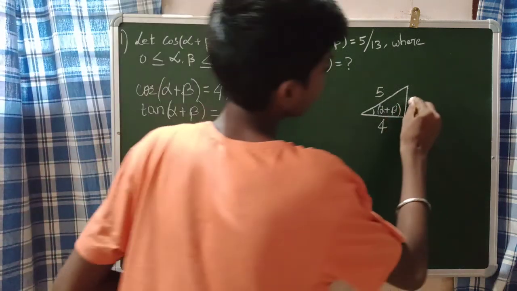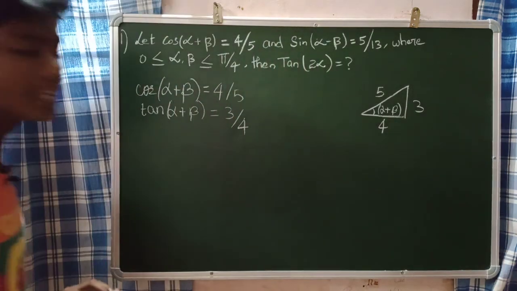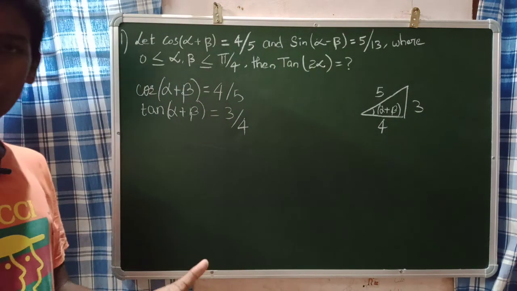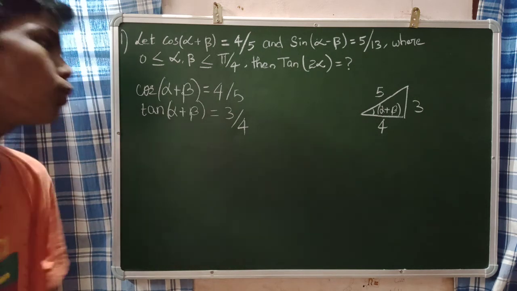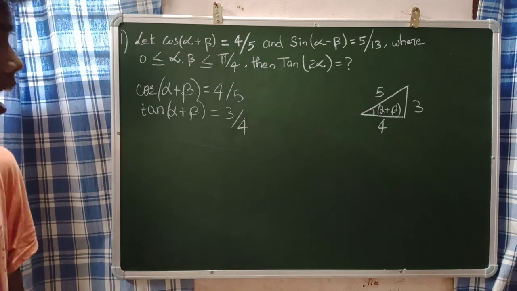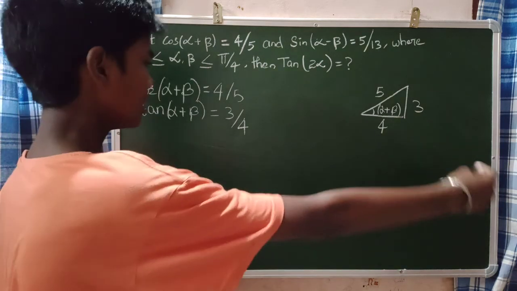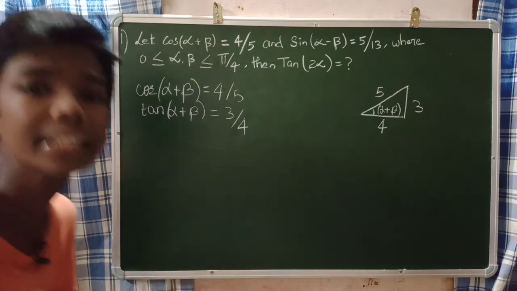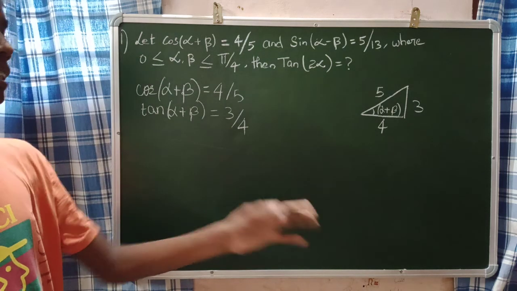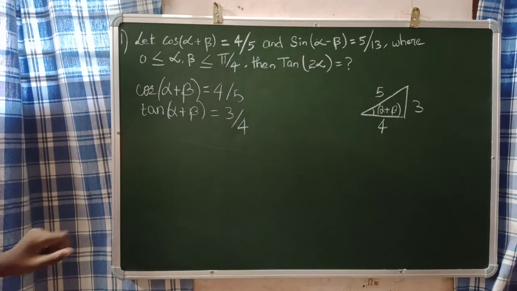That will be 3. How I am saying this is by using the Pythagoras theorem. You know the Pythagoras theorem, right? 5 squared minus 4 squared is equal to 9. Root 9 is equal to 3. That's why I am saying your opposite is 3. If your opposite is 3, then tan(alpha + beta) will be equal to 3/4, as tan theta is opposite by adjacent.